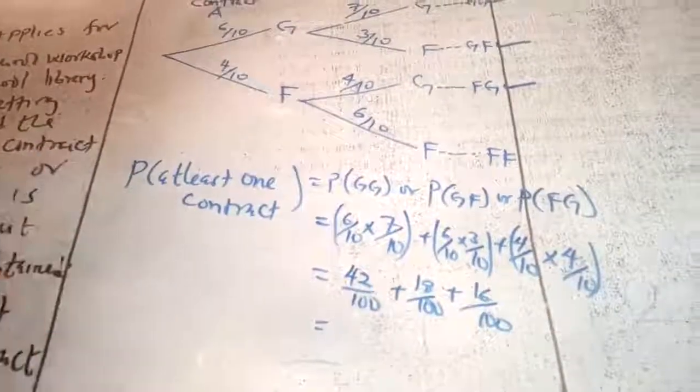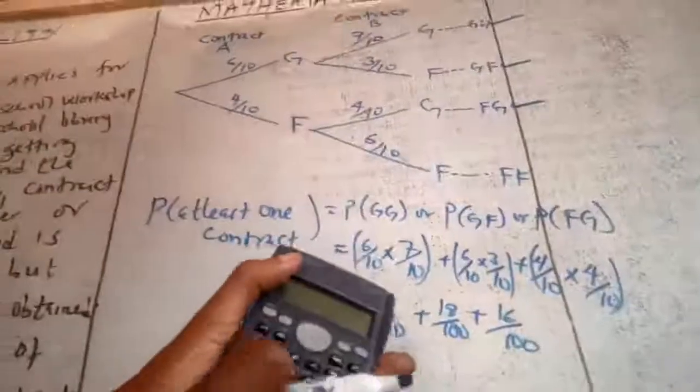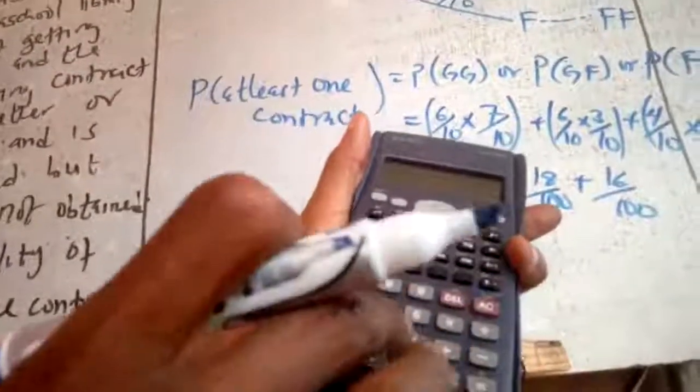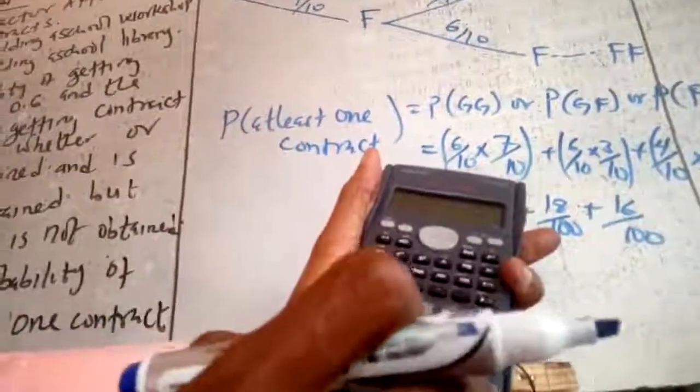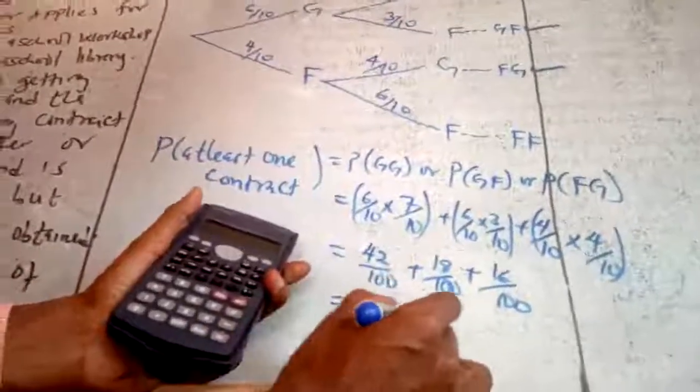And therefore, if I compute using a calculator, I can put 42, add 18, then add 16, because the denominator is common, and therefore I end up getting everything out of 100.